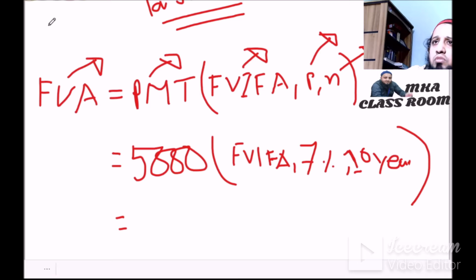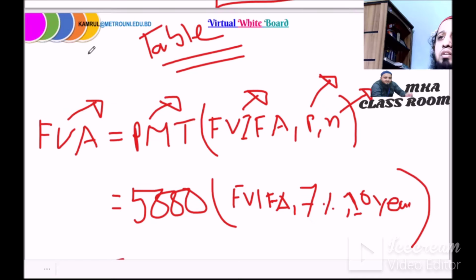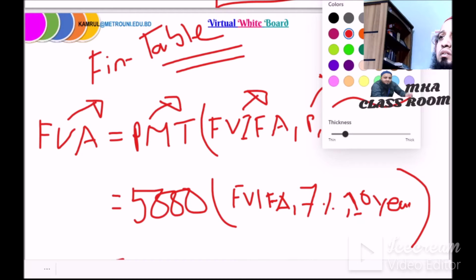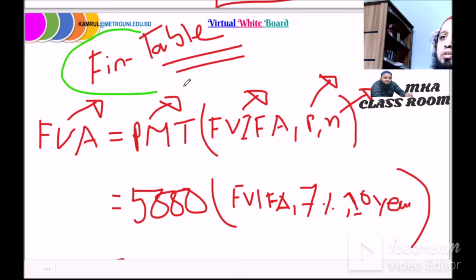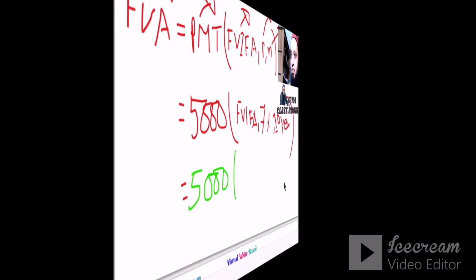It is available all over the world. Google will show you several tables, and you can download any one of these.